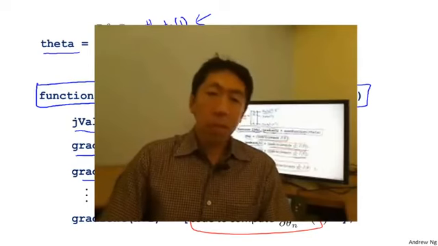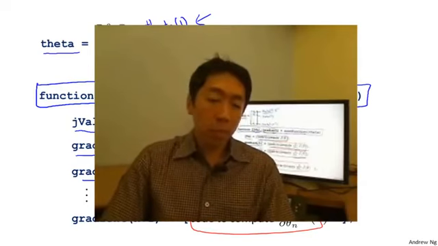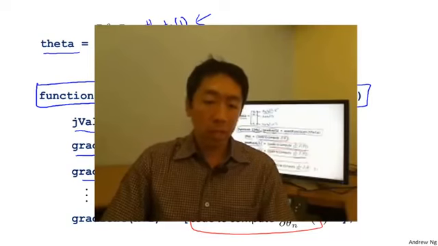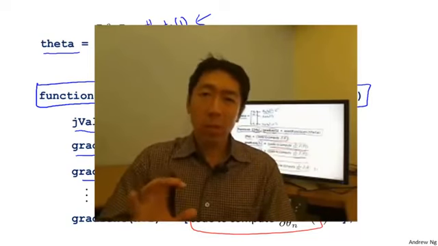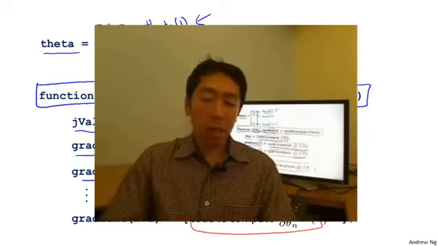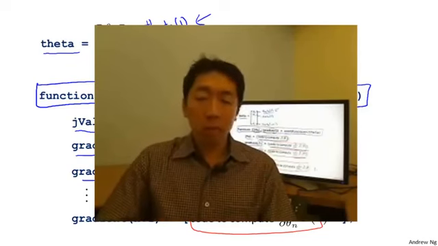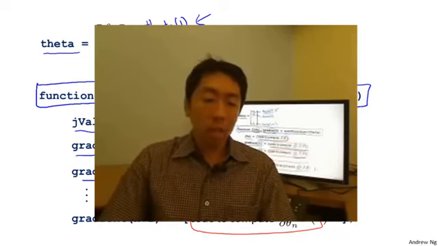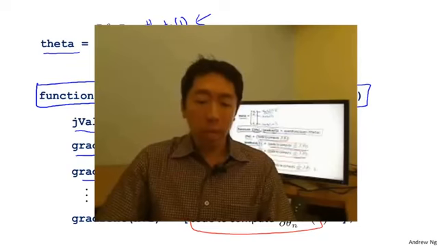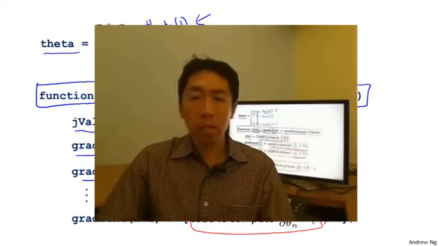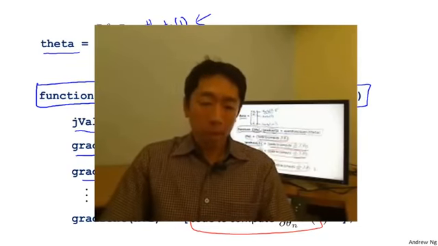Because you're using a sophisticated optimization library, it makes the code just a little bit more opaque, and so maybe a little bit harder to debug. But because these algorithms often run much faster than gradient descent, whenever I have a large machine learning problem, I will use these algorithms instead of gradient descent.